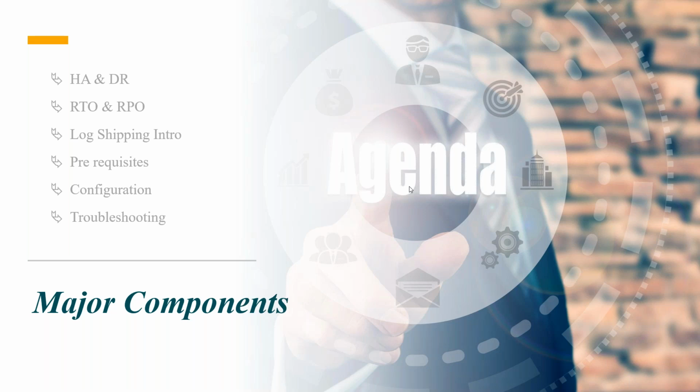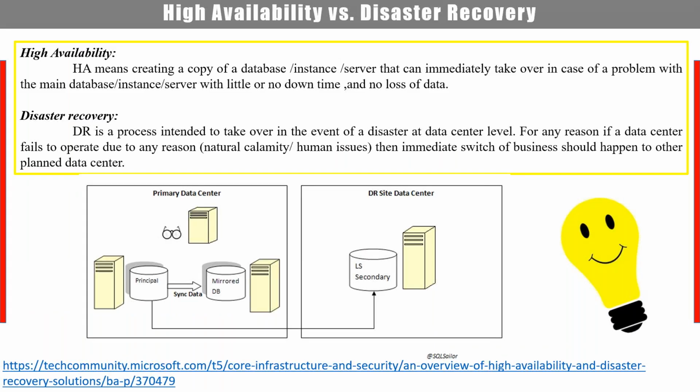No idea. Okay, see, HA stands for high availability. DR stands for disaster recovery. So a couple of terminology, everyone make a note.